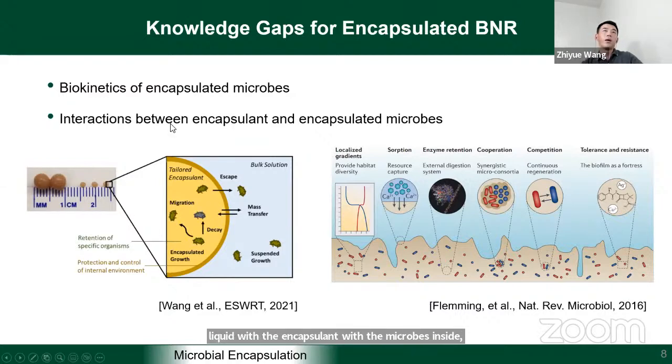And then as engineered biofilm systems, we can actually refer back to some of the knowledge we have on biofilm systems. So the interactions between encapsulant and the encapsulated microbes need to be explored as well. Other than the mass transfer processes such as concentration gradient and absorption, there could also be potential cooperation and competition between different microorganisms inside.